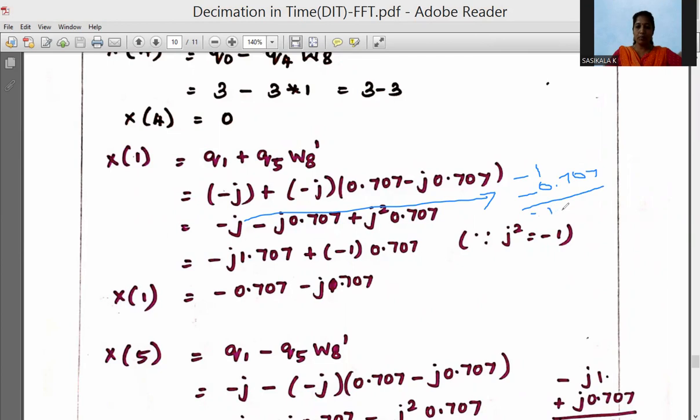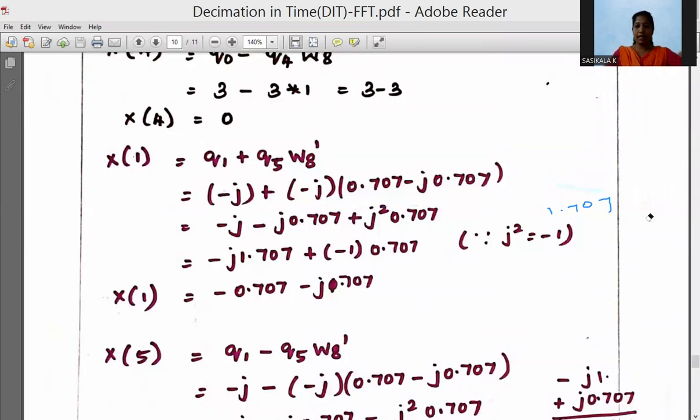So minus 1.707, so minus j 1.707. Plus j square equal to minus 1, so put minus 1 times 0.707. Write the real part, which is minus 0.707, minus j 1.707.